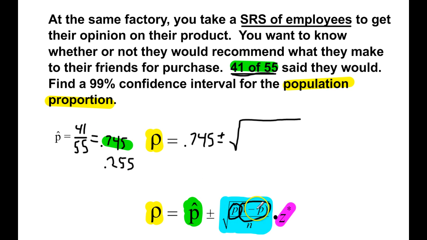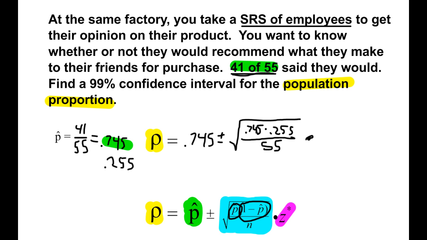So success times failure, and then you're going to divide that by your sample size and take the square root of all of that. So we have 0.745 times 0.255 divided by our sample size of 55, so this is going back to the actual numbers, and that is going to be our standard error, times our confidence level.